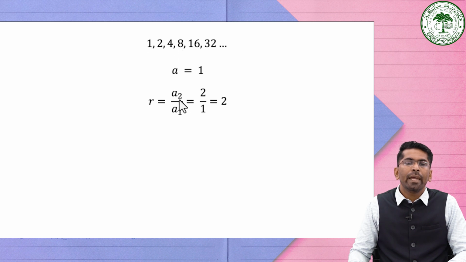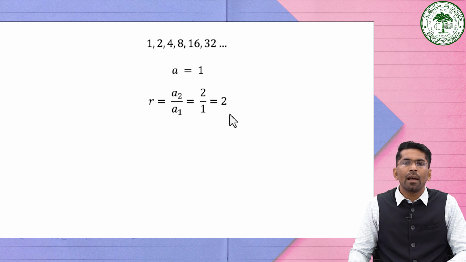So a2 divided by a1, the ratio between two successive terms, should be constant. Here a2 is equal to 2 and a1 is equal to 1, so 2 divided by 1 is equal to 2.